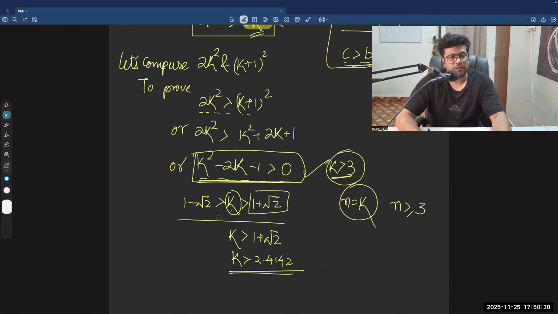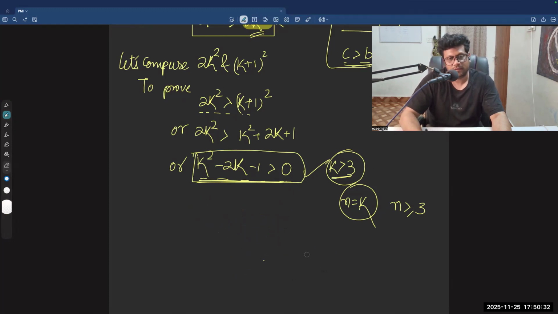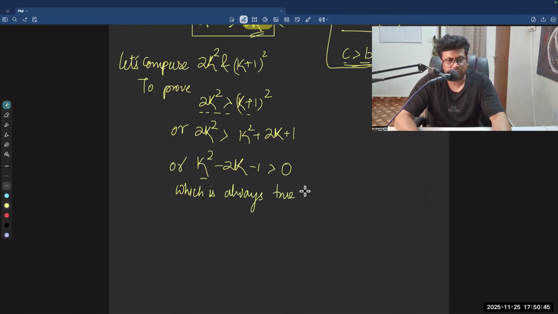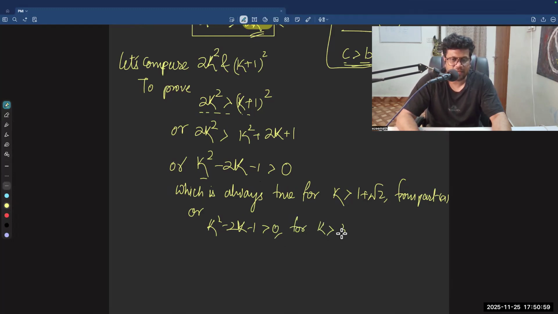So now you go tell them, let me delete all of this, which is always true for k greater than 1 plus root 2. This is from part A of the question. Or k square minus 2k minus 1 is greater than 0 for k greater than 3.